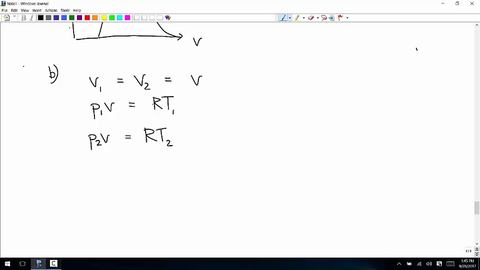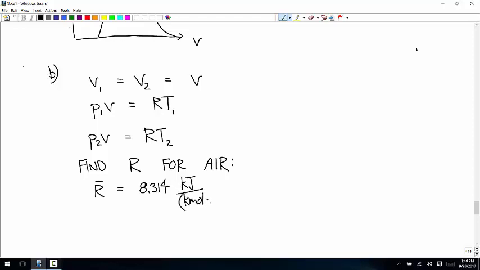So what we're going to do is figure out what R is for air. R bar is 8.314 kilojoules per kilomole times Kelvin.